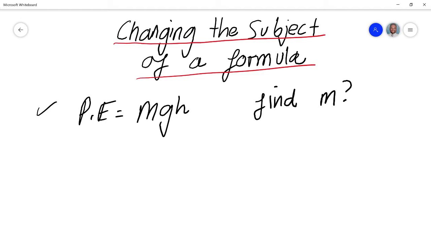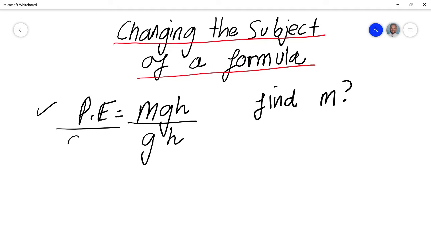One simple way of approaching this is, when we want to make m the subject of the formula, we divide both the left-hand side and the right-hand side equally by any variable that will give us m. So here, we divide by g and h.